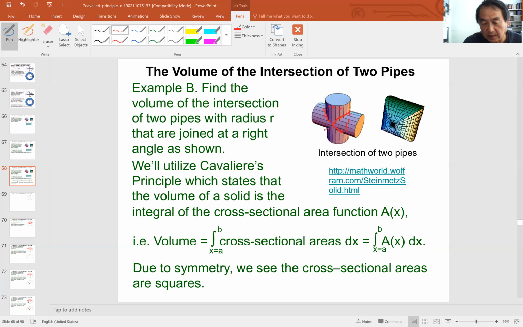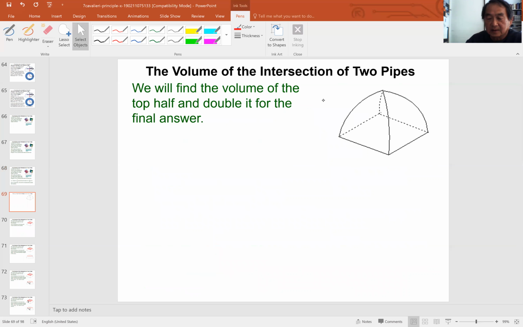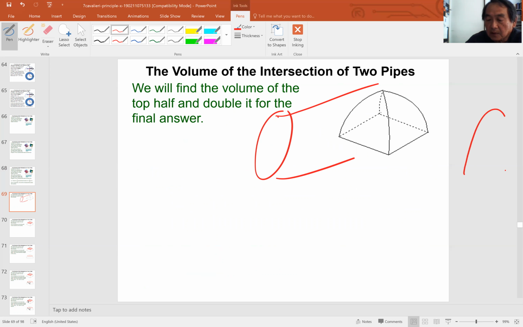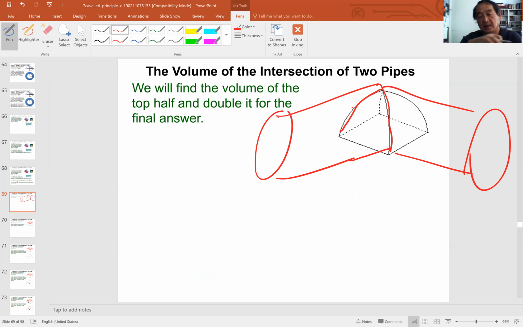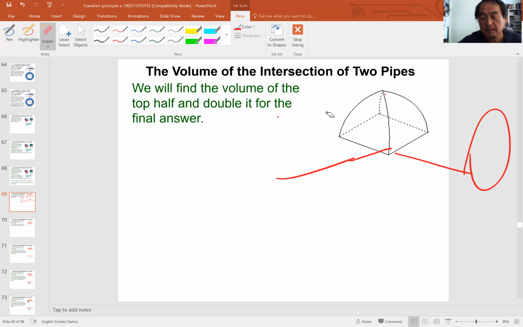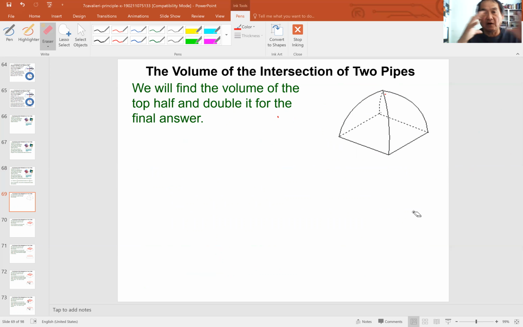Okay, they meet back there. Here it is. One pipe is over here, and the other pipe is over here, perpendicular. That's where the joint, the seam is, and that's the seam on the other side. So this is half of that volume.